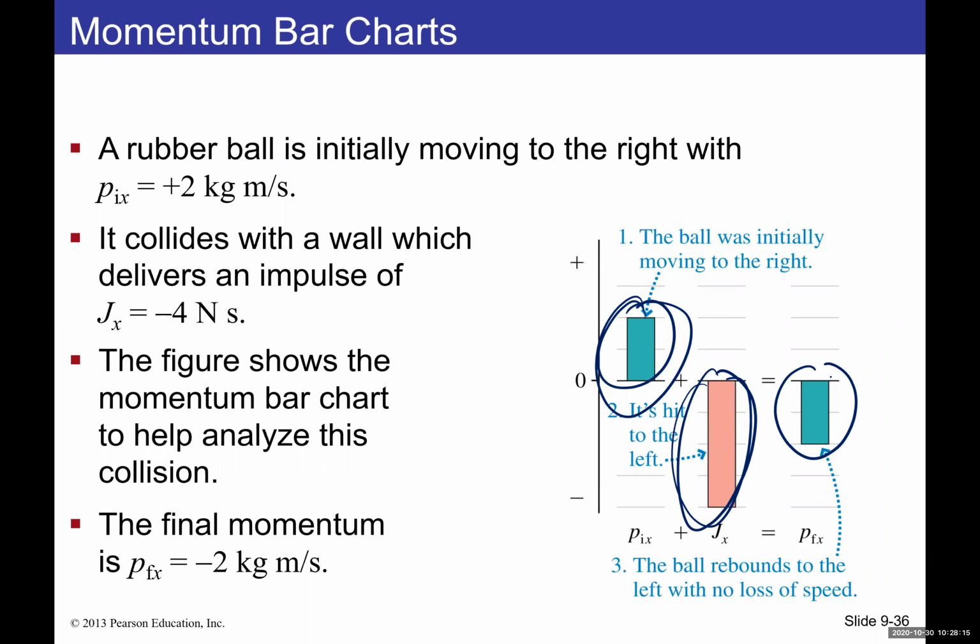Now, what does it mean if your final momentum is negative? It just means that your object that was moving to the right is now moving to the left. It has a velocity to the left. The bar chart tells you that they have about the same momentum before and after, at least the magnitude. So it's moving with the same speed, but in the opposite direction.